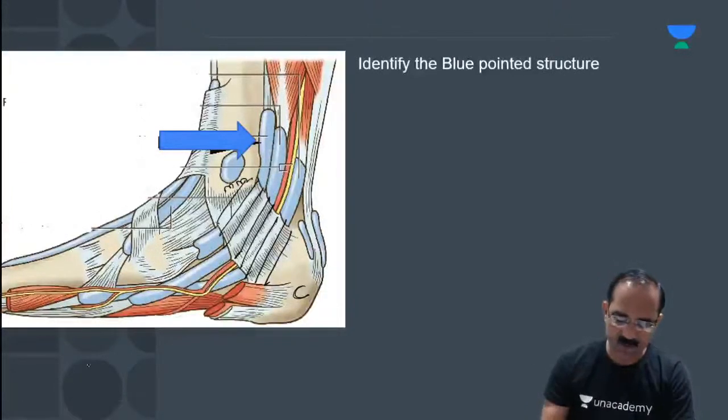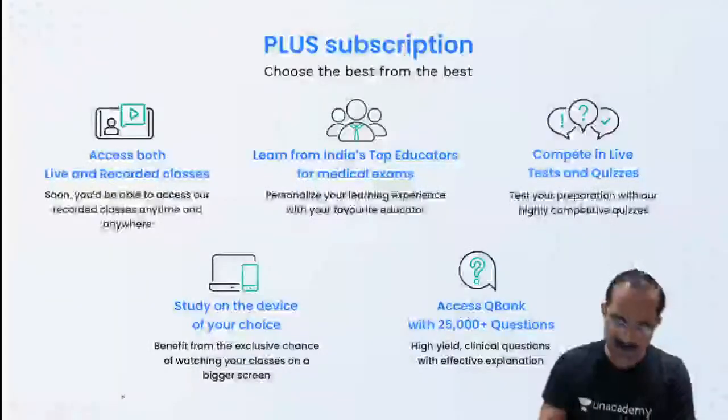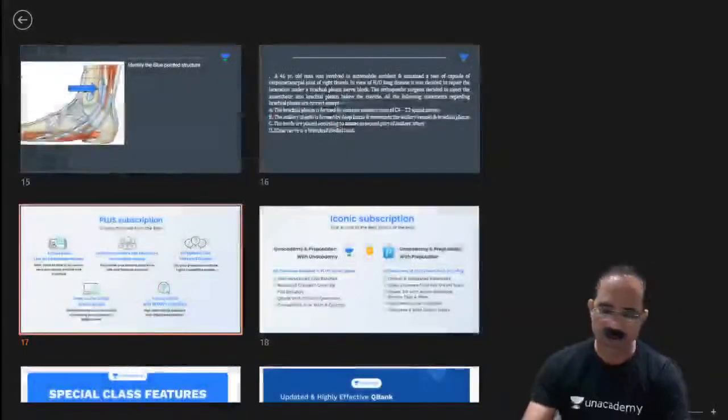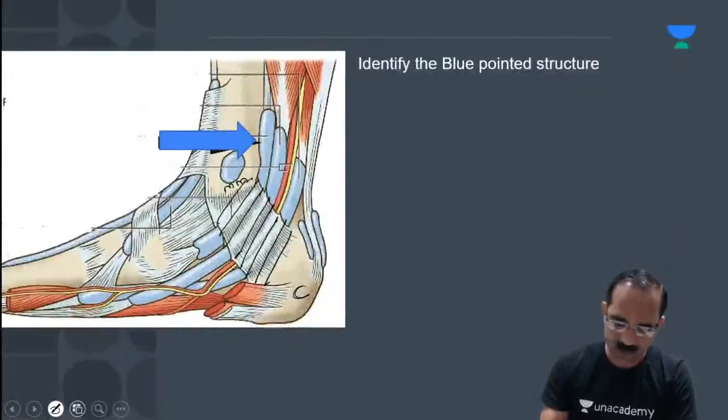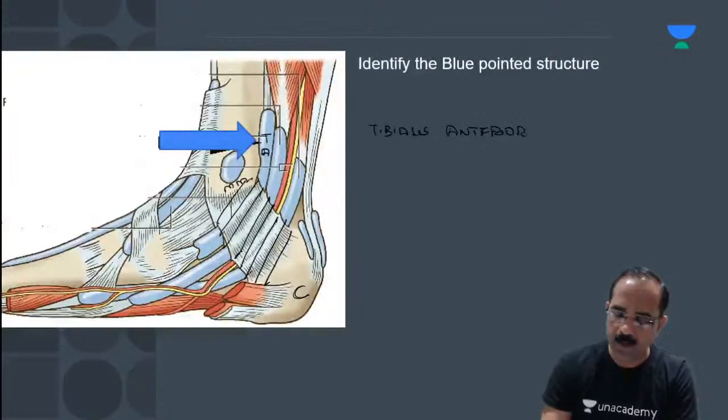The first muscle is tibialis anterior. Behind the tibialis anterior is the flexor digitorum longus.